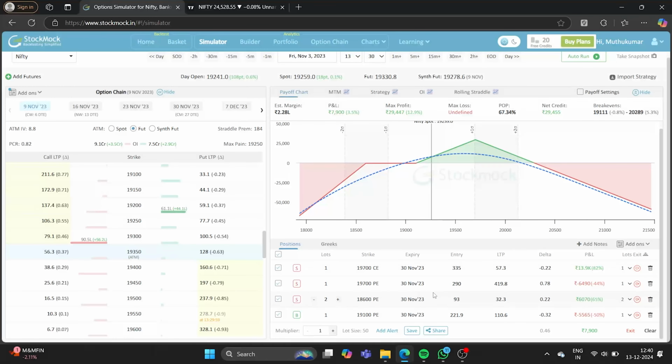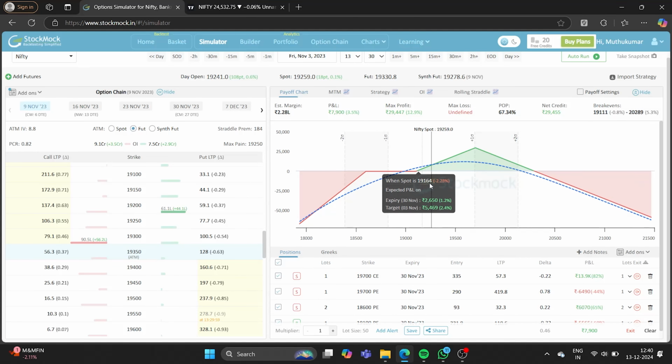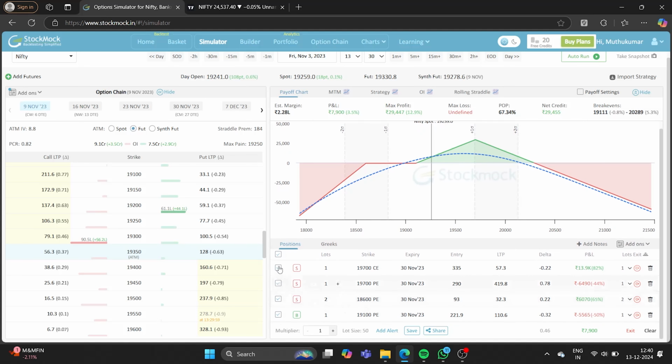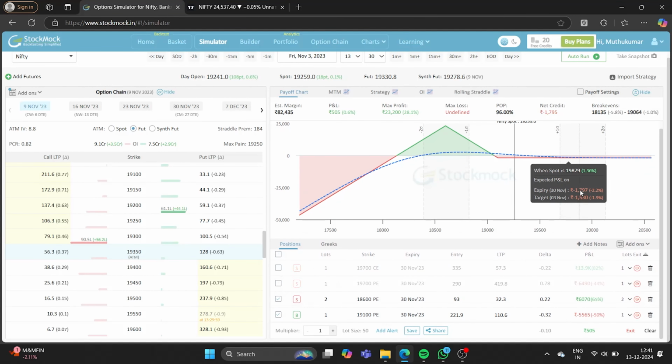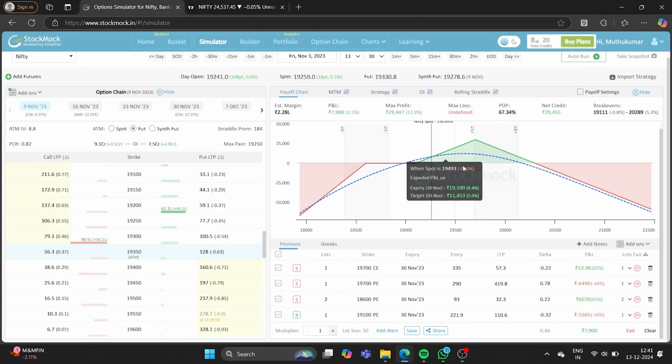Another point: if you take the adjustment and the market starts to recover, then you need to close this adjustment, because this adjustment will not give much loss when the market recovers. As you can see, the loss is 1,800. So you need to close this when the market recovers to your original straddle position.